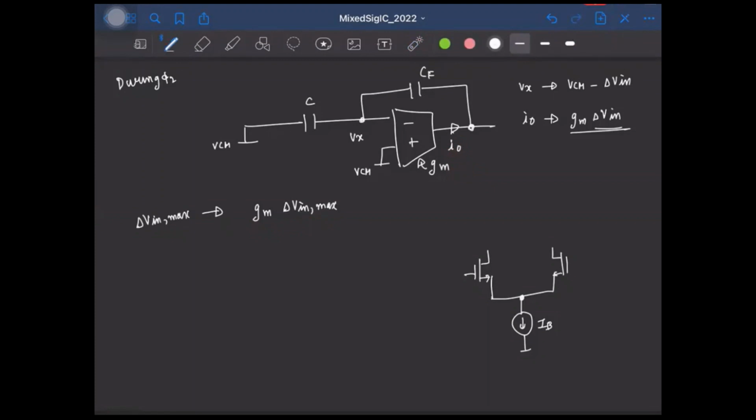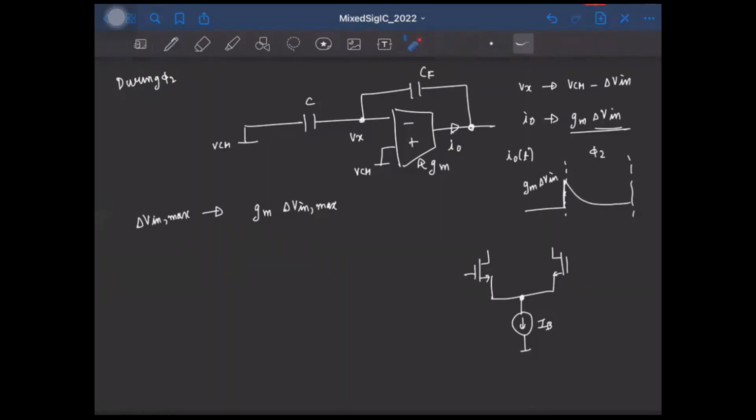But recollect that the waveform for I0 of t will look something like this. Say this is the phase phi 2. The current required, that is I0 of t, will jump to Gm delta Vin at the beginning of the phase phi 2, and then it will decay to 0.